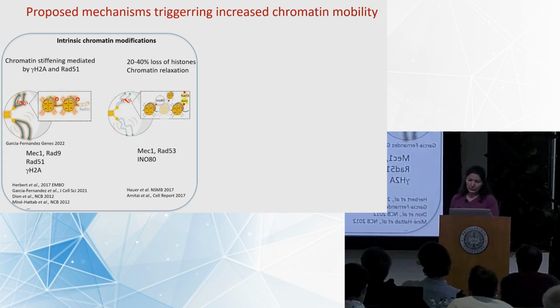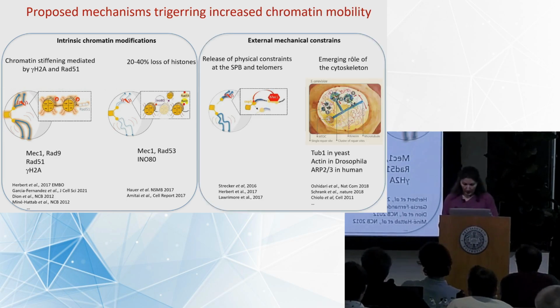Another observation in haploid yeast from the Gaelle lab is also that there is an important loss of histones inducing chromatin relaxation. On the other hand, several studies have proposed that chromatin becomes more mobile because of external mechanical constraints. So, for example, it has been shown that some physical constraints are released at the SPB and at the telomere in budding yeast also.